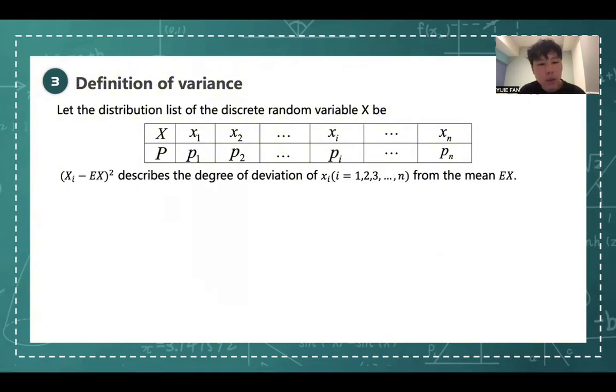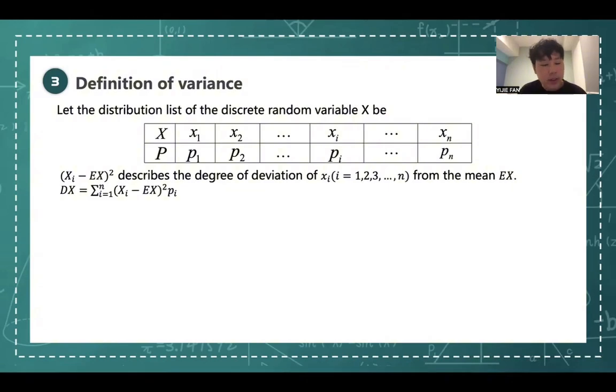Now, by the previous analysis, we know that the square of xi minus EX describes the degree of deviation of xi from the mean EX.